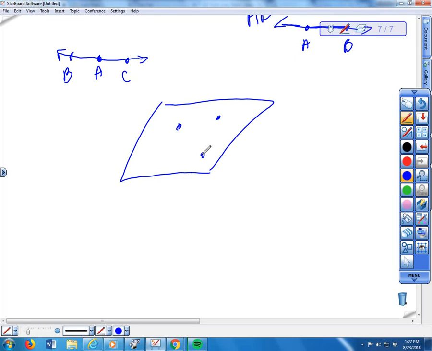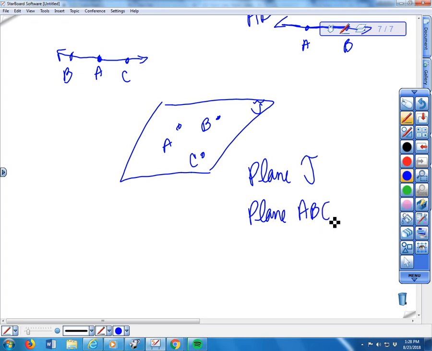Planes are always defined by capital italicized letters, like letter J. You always see it kind of tilted a little bit, or cursive a little, it's a capital letter. So this plane could be called plane J. I should do a little j. Or plane ABC. Both of those mean the same plane. Okay?